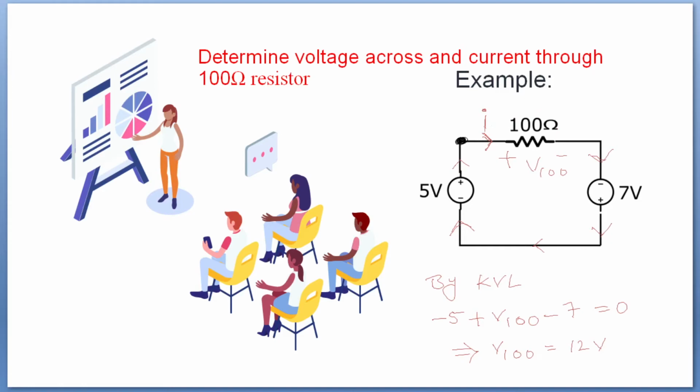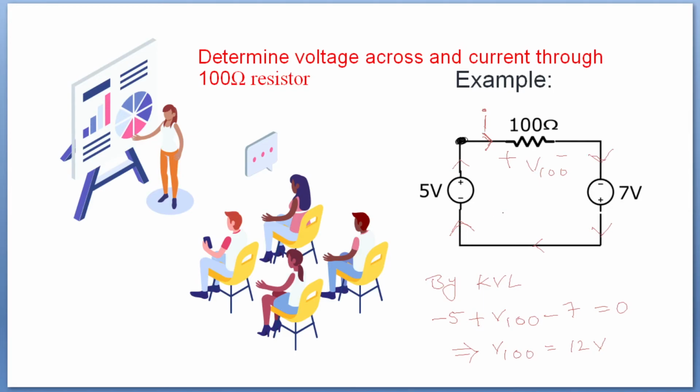That means current flows from high potential to low potential across the elements. Next, how to assume the voltage drops across unknown elements. So here I assumed V100 to be the voltage drop across the 100 ohm resistor.